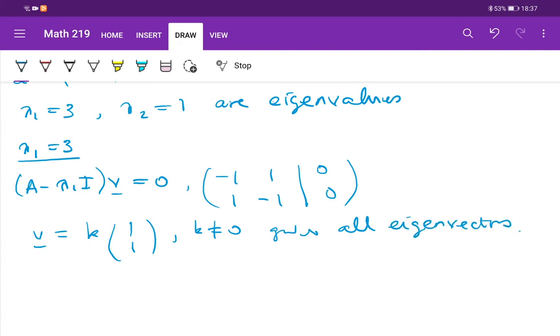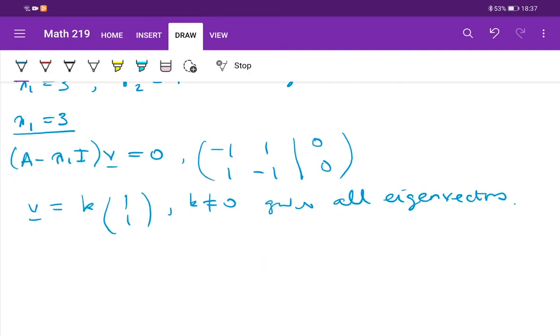Okay, to find a solution, we just need one eigenvector. So let's put k equals 1, and our v to be this, e to the lambda t, here lambda is 3, so (1, 1) e to the 3t is a solution of our equation.